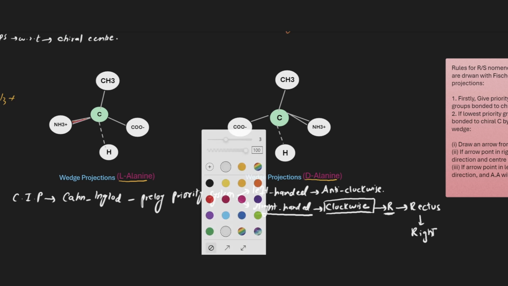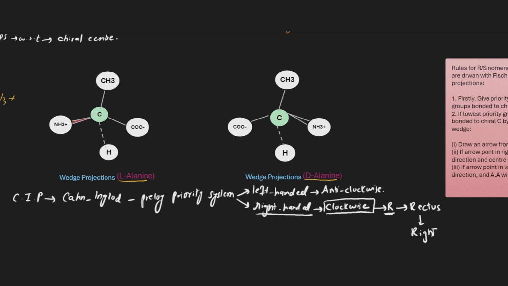I'm repeating this: if our amino acid is in the clockwise orientation, it is in the right-handed form and in the R configuration. And similarly, if our amino acid is in the left-handed form, oriented in the anti-clockwise direction, it will be in the S configuration, because in Latin S stands for sinister, and sinister means left. I hope this is clear to all of you.